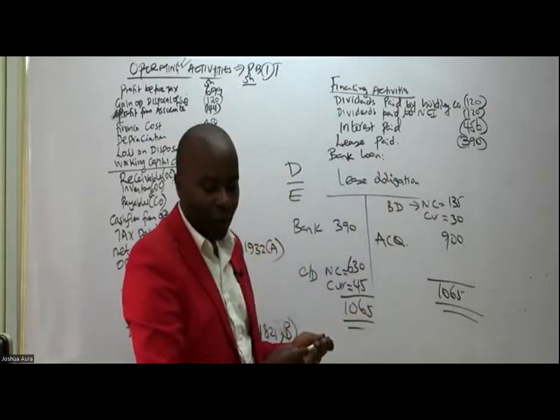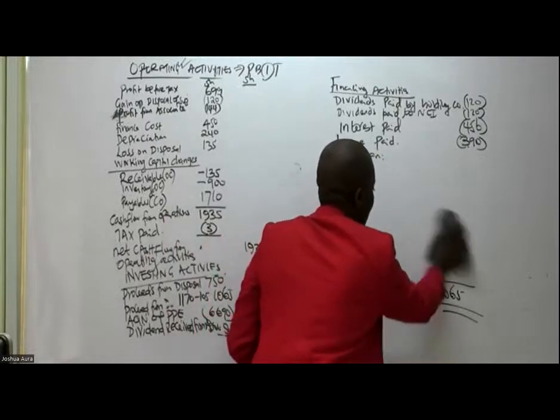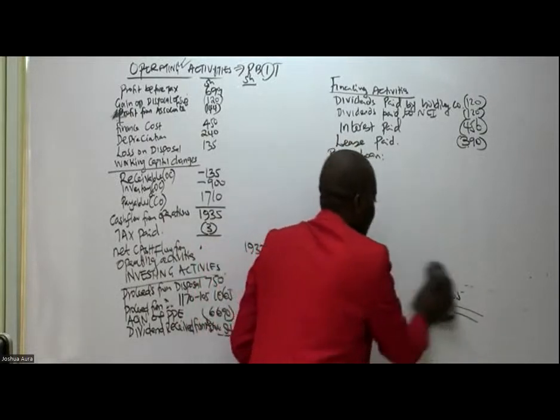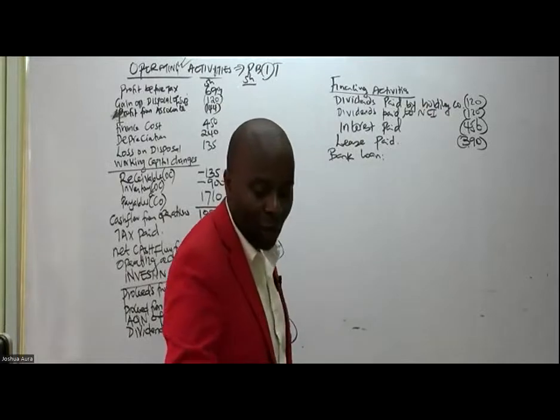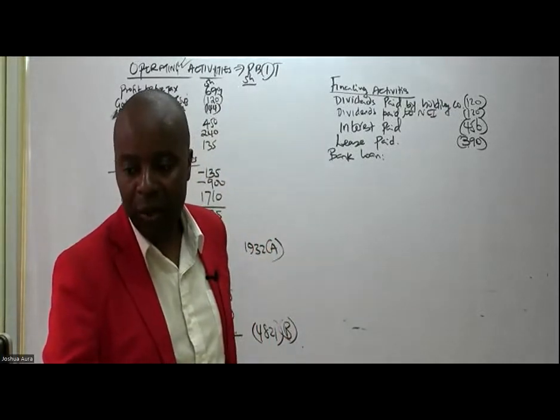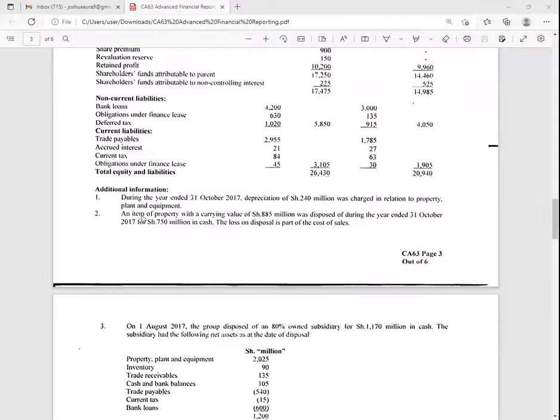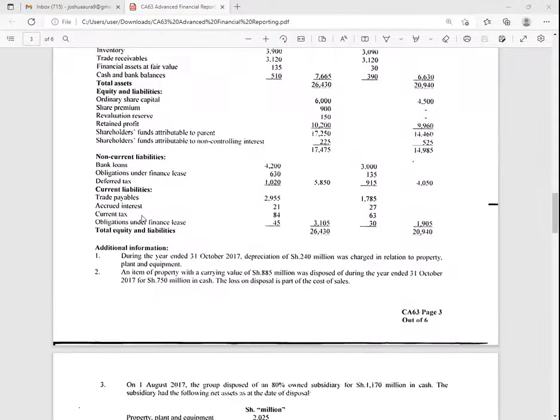For the bank loan, you can even draw a T account if you wish. But of course, as we get along, we don't like doing these T accounts, the time wasters. So what do we have for bank loan? We began with 3,000.